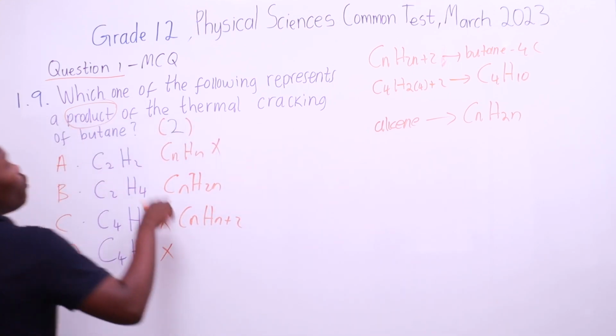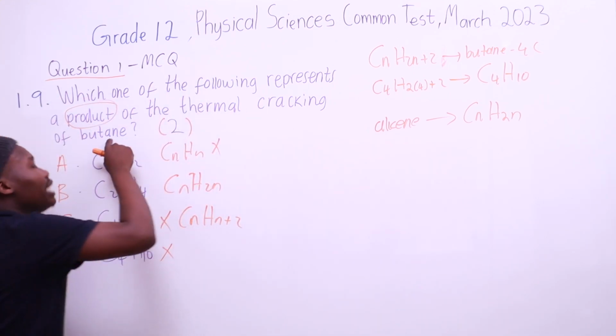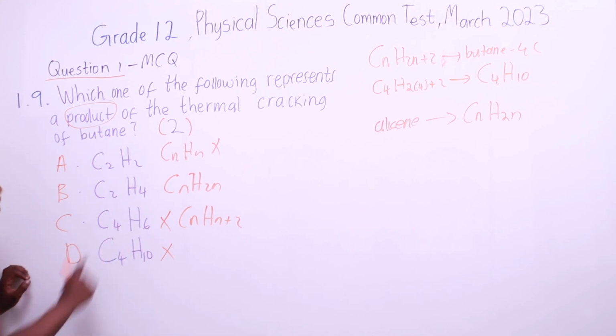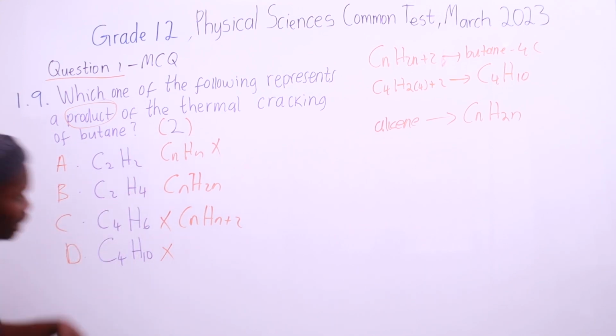But again, when they use thermal cracking of butane, we get one of the products as ethene, C2H4.